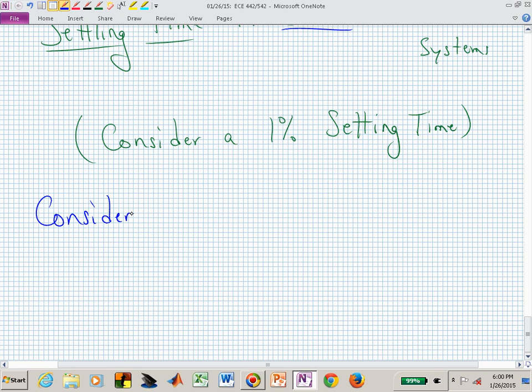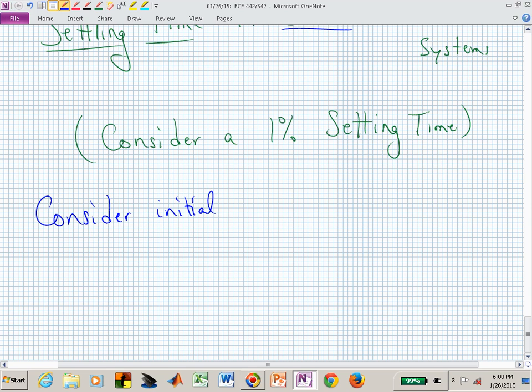I'm going to give you a problem. And here, let's consider, for settling time, you can look at a particular system settling time. If you say, what's the natural system's behavior, then you're really not worrying about the forcing function. You just want to know, if I kick this system or initialize it at some non-zero value, how long will it take to decay down to 1% of where you started?